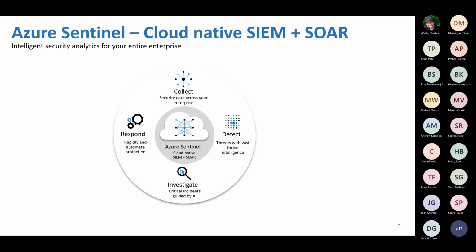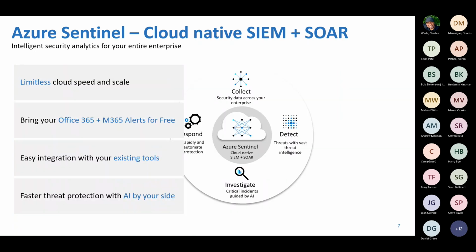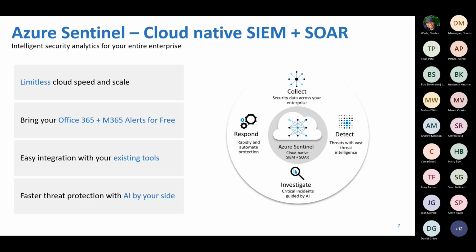So the Azure Sentinel is an intelligent security system that can collect data, it can detect anomalies, it can help you investigate these anomalies and respond in an automated manner. Right? It has all these four buckets which are required by a SIEM and a SOAR solution. And the best part is it's in cloud. So since it's in cloud, deployment is quick.